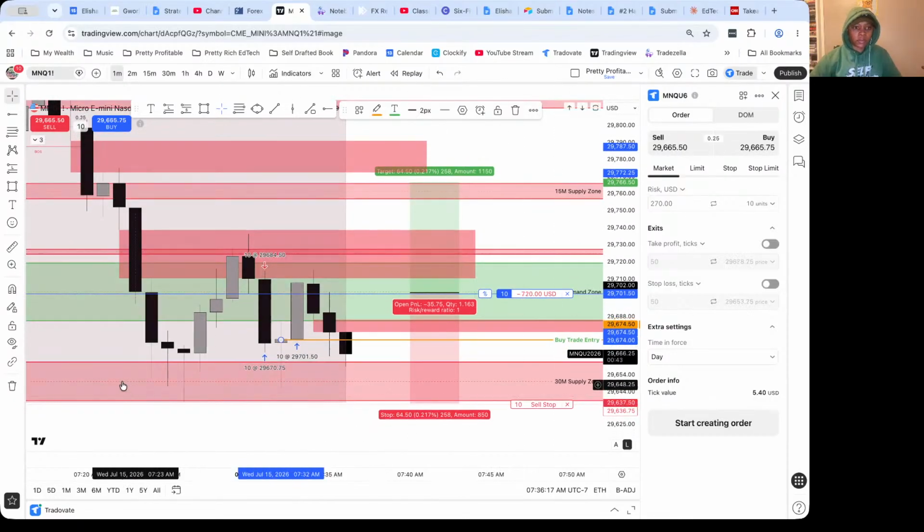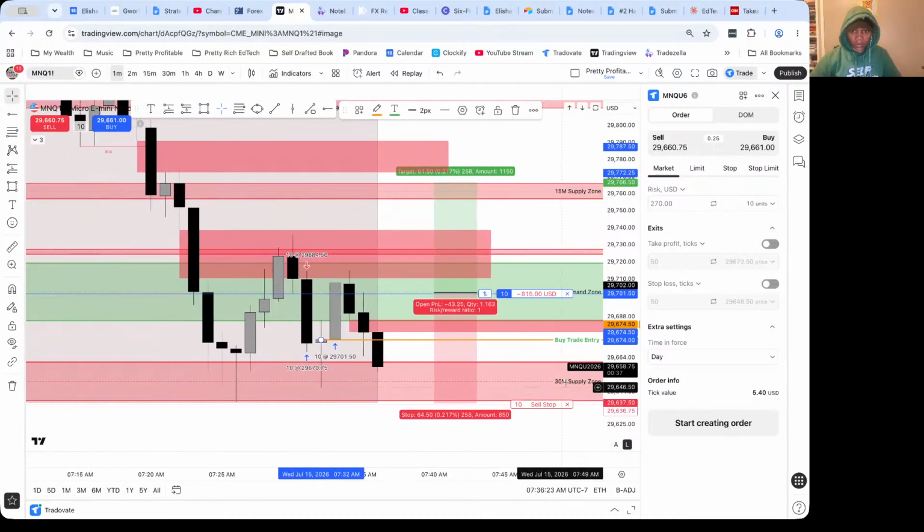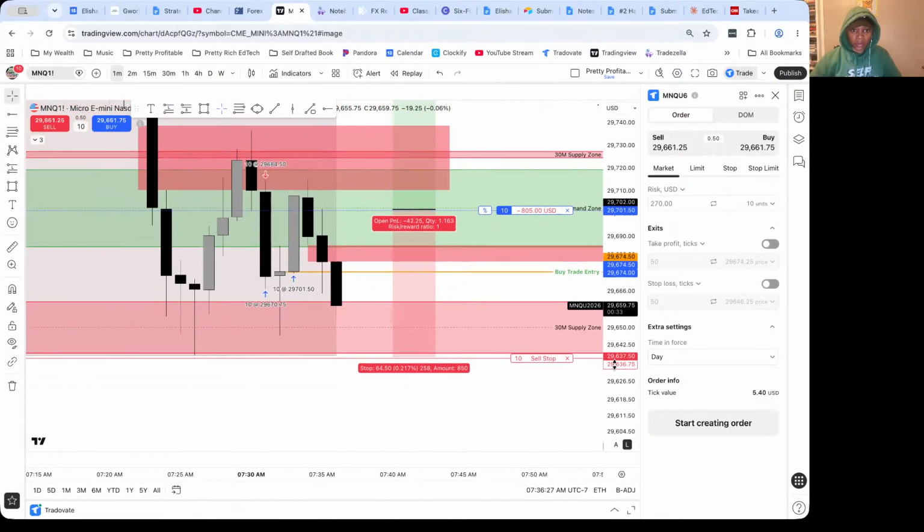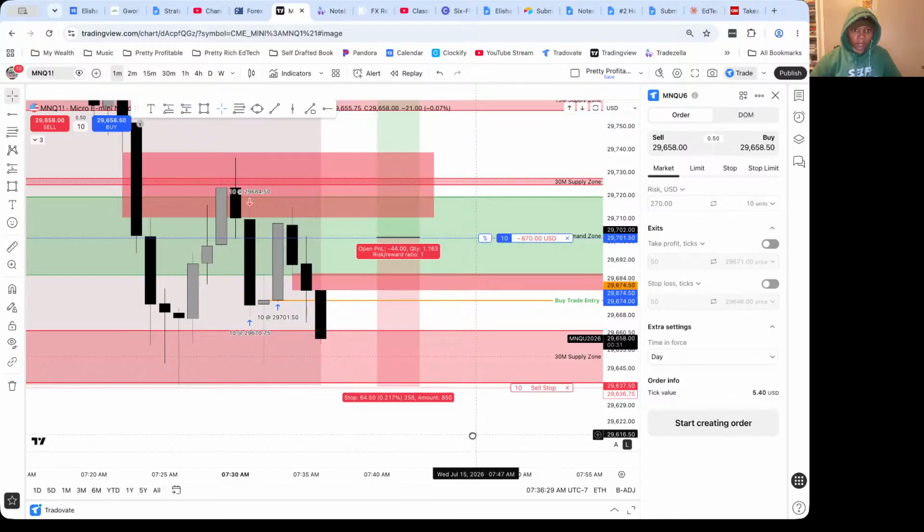And the reason I did is because price respected the supply zone. I'm gonna stop it right here. Let's see. Price respects it.